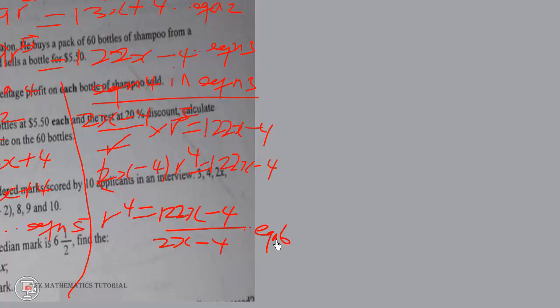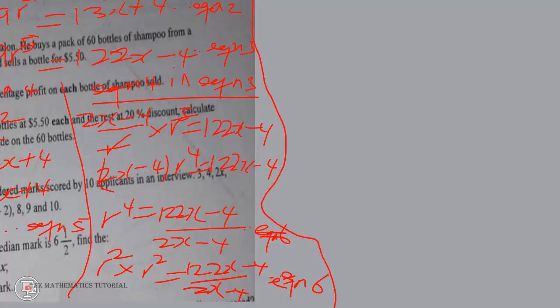So recall that R exponent 4 is the same as R squared times R squared, which is equal to 122x minus 4 over 2x minus 4. Let me call this one rather equation 6. Let me cancel this. Now we are going to proceed. So we can put equation 5 because we have R squared.